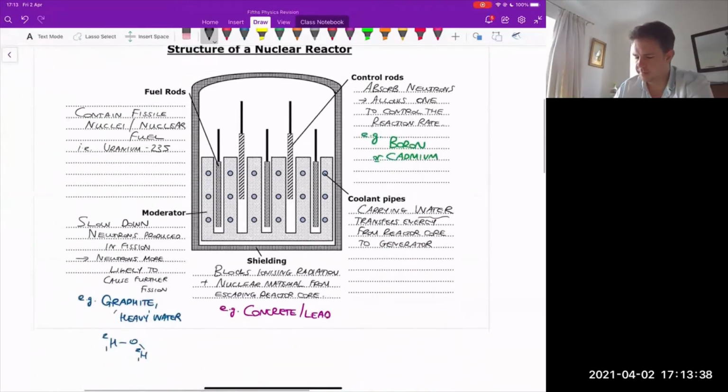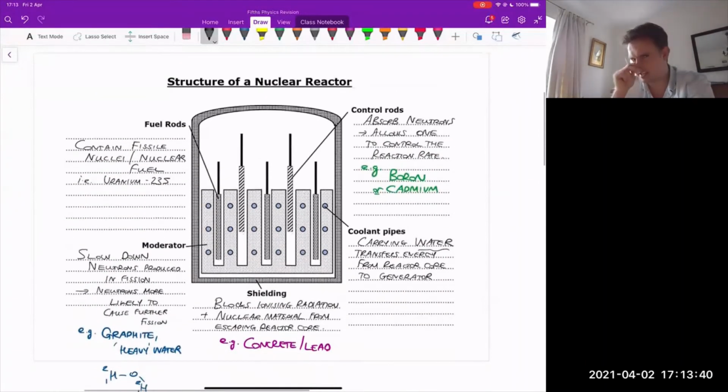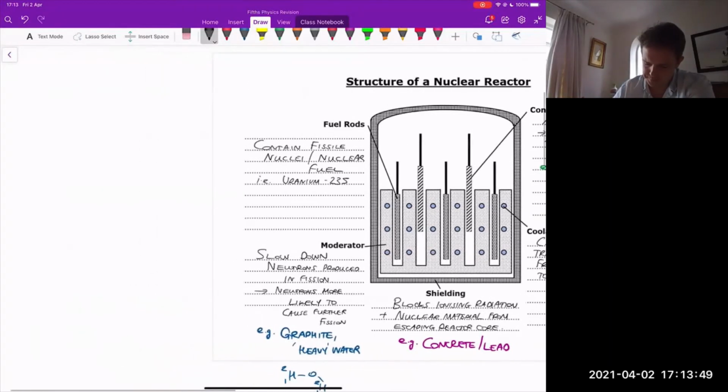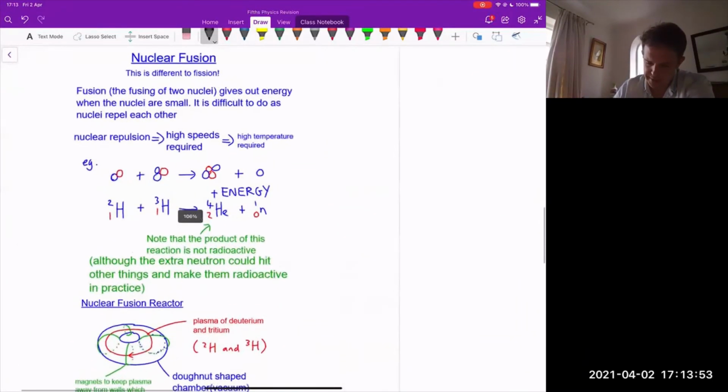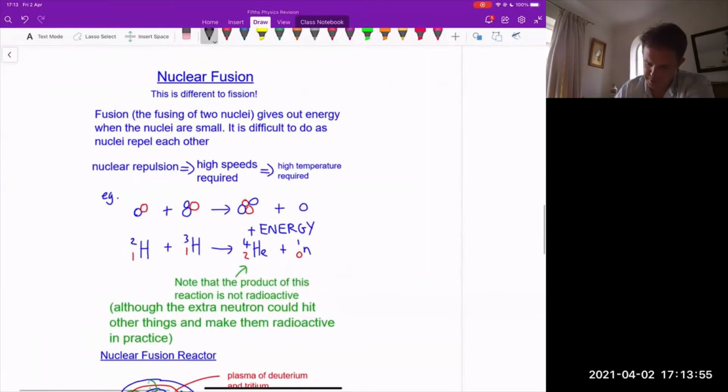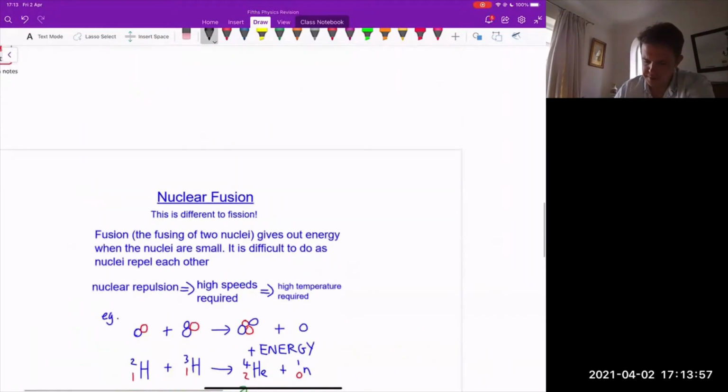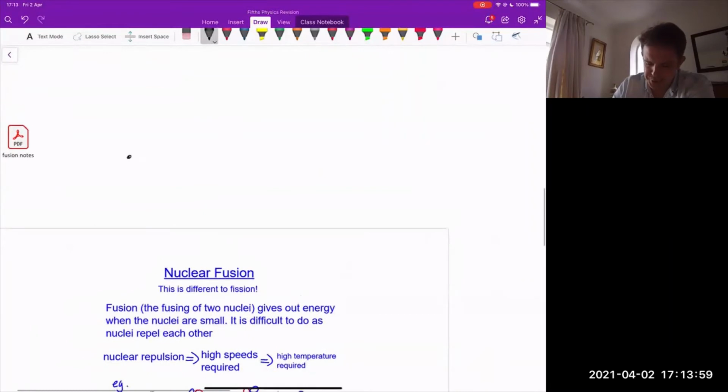Okay, fusion. So fission is the splitting of the atom, a large nucleus splitting into 2 smaller daughter nuclei, and energy is produced. As it turns out, you can also generate energy by this process, fusion, which involves basically taking 2 smaller nuclei, allowing them to join and forming a larger nucleus.